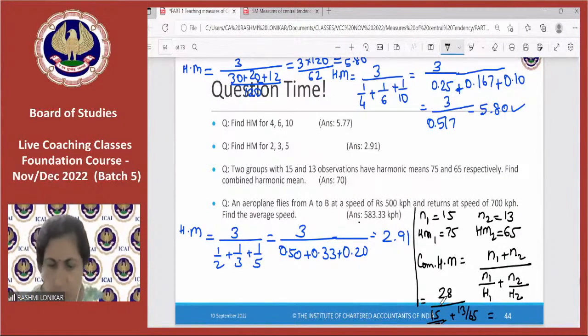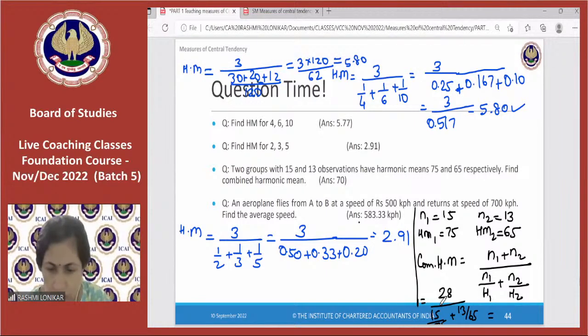So can you find the answer for me? 0.4. 1 divided by 0.4 into 28. So 70. Okay. So this is equal to 70.